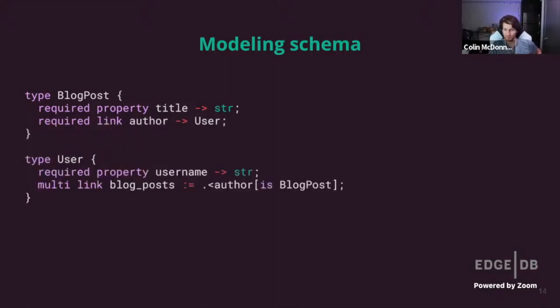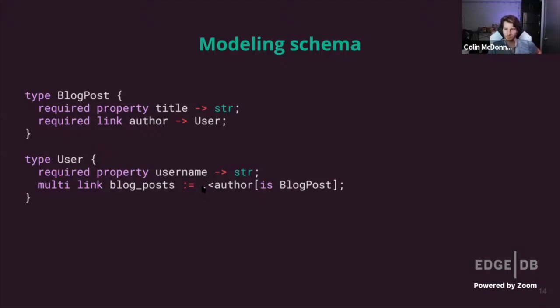Of course, there are other things, like Victor mentioned in his talk, which is we can have links between different types and can traverse those links in the forward direction or the backwards direction. And there's no special API here for declaring the backlink. It's just a computed property like any other. We're using EdgeQL syntax here.